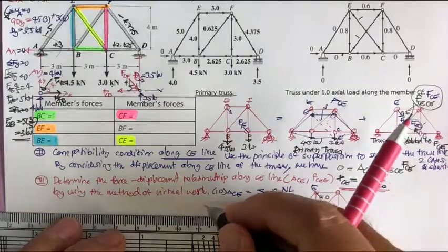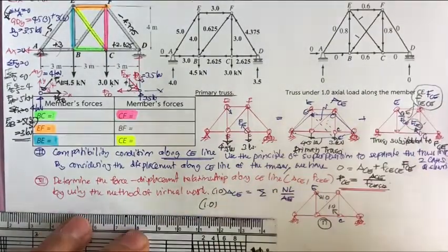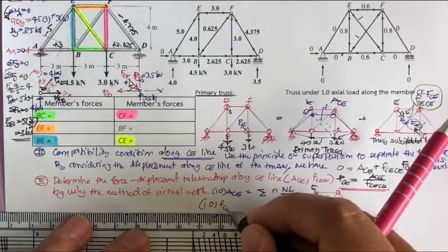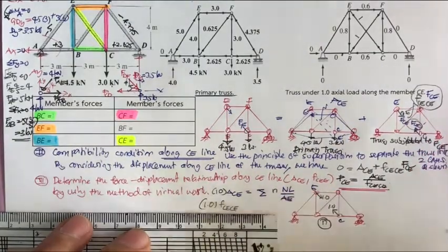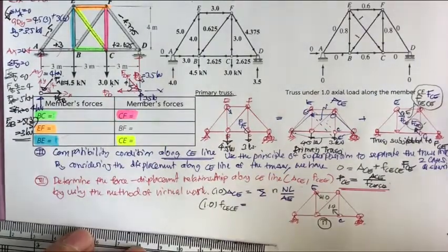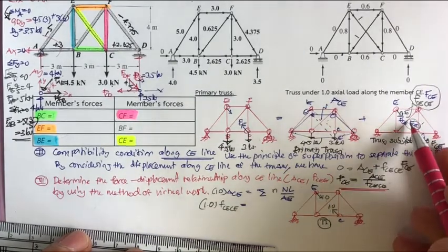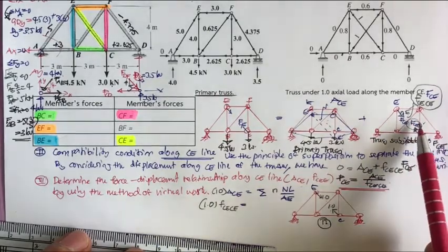Again, we have 1.0. And now it's times F sub CE CE. This is going to be the external virtual work. And it's going to equal internal virtual work. This produces the force n. The force n will times the deformation or the displacement of each member.